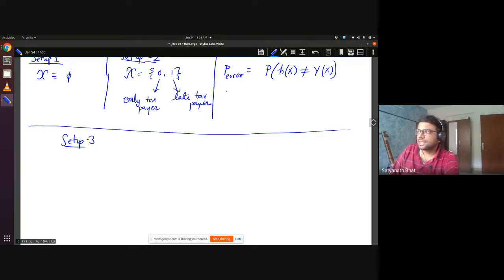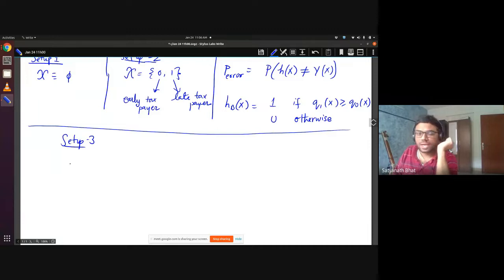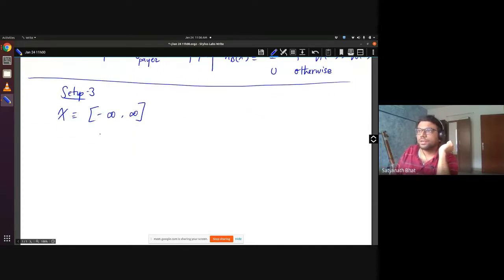Just as a recall, HB of X is equal to 1 if Q1 of X is greater than or equal to Q0 of X, 0 otherwise. So this was the base classifier that we designed for setup 2. And for setup 3, now we have features X in the range minus infinity to infinity.